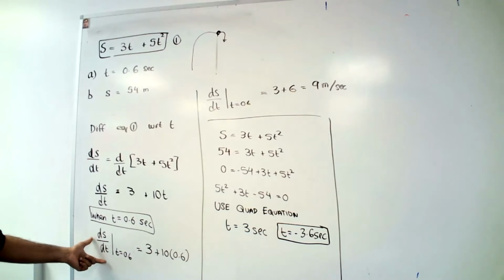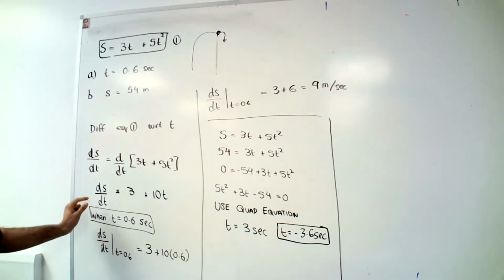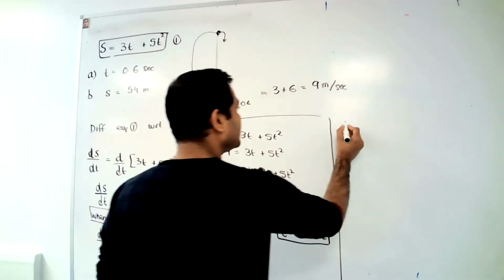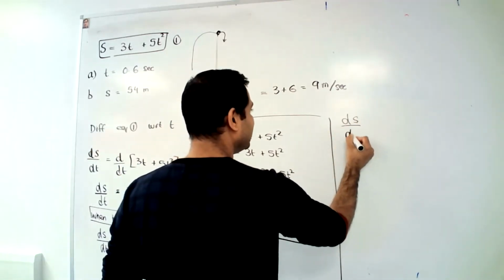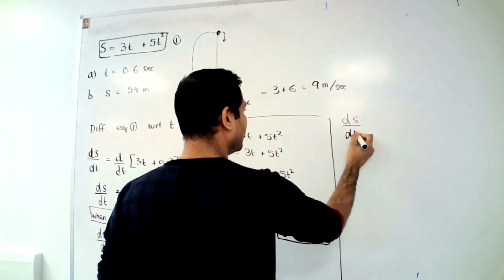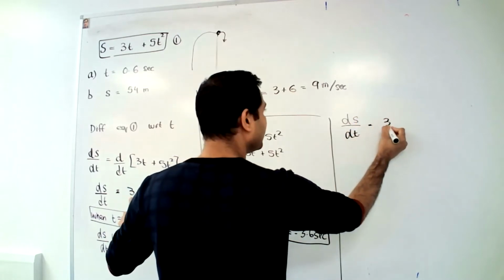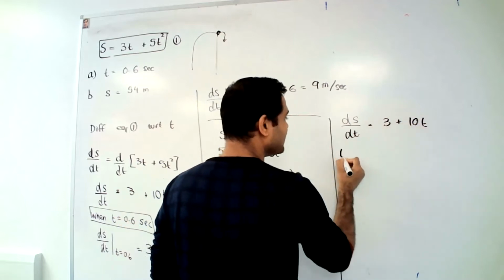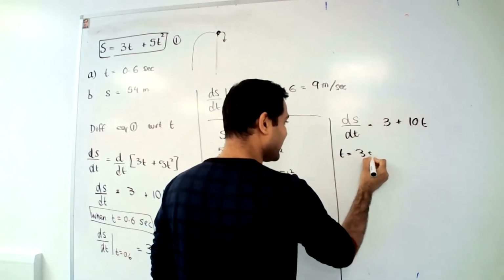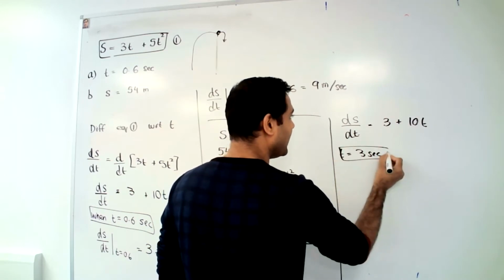So I will use this differentiation which I already did. Back to this equation, ds over dt equals 3 plus 10t. Now when t is 3 seconds, I put that in here.